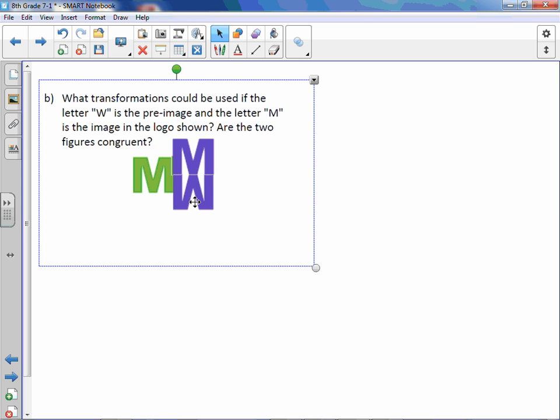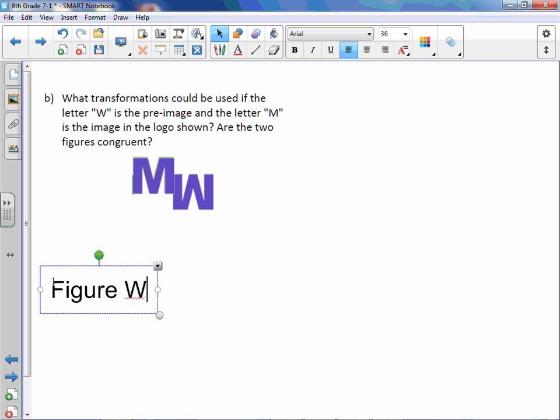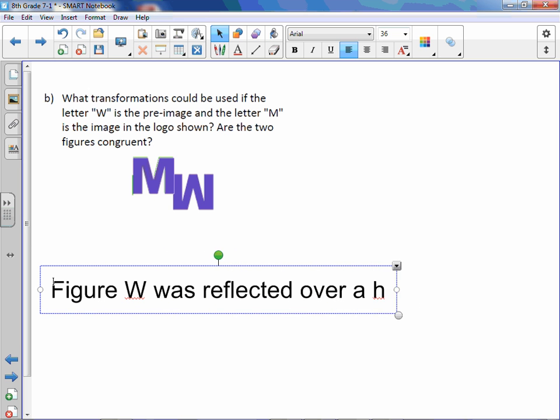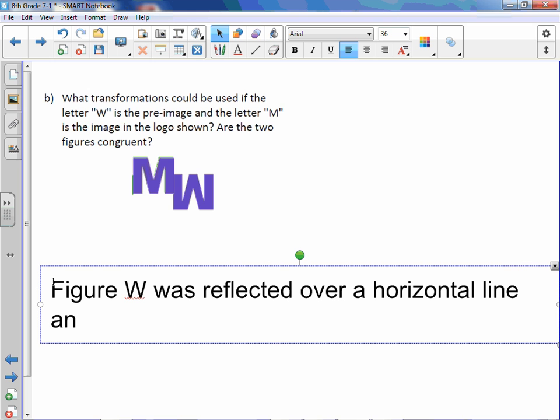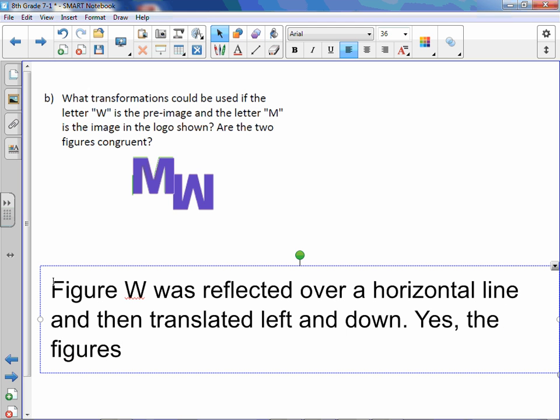We did a reflection over a horizontal line, and then we would translate left and down. Figure W was reflected over a horizontal line and then translated left and down. Yes, the figures are congruent.